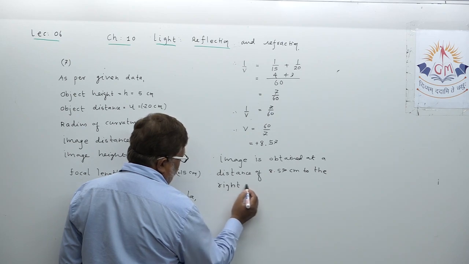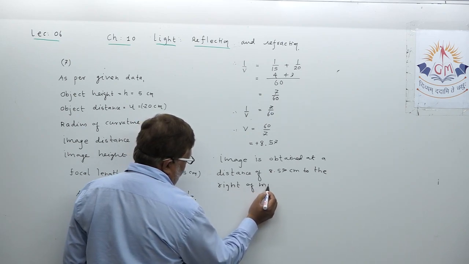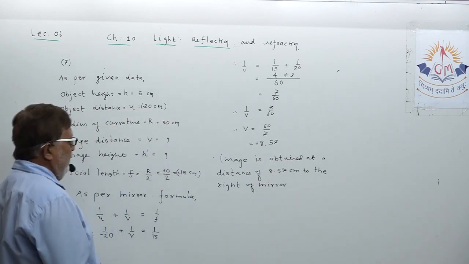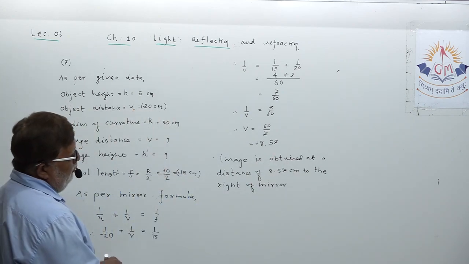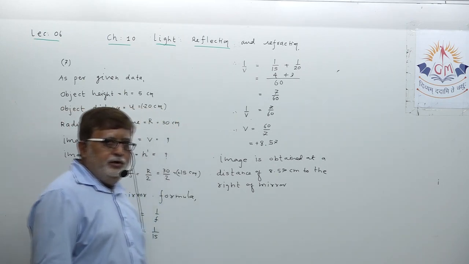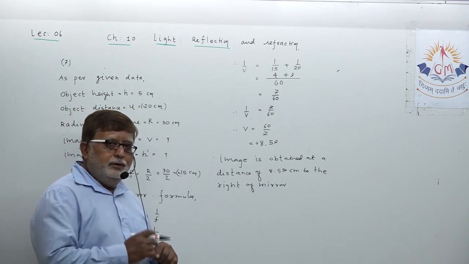Okay, to the right of mirror. That way also you can write. Image is obtained at a distance of 8.57 centimeter to the right of the mirror.